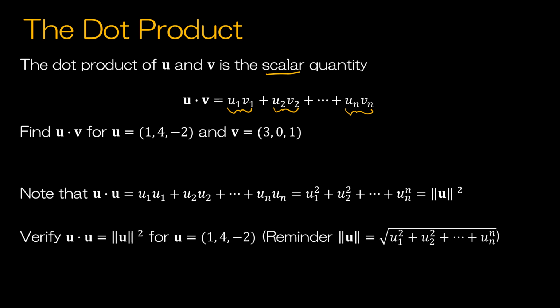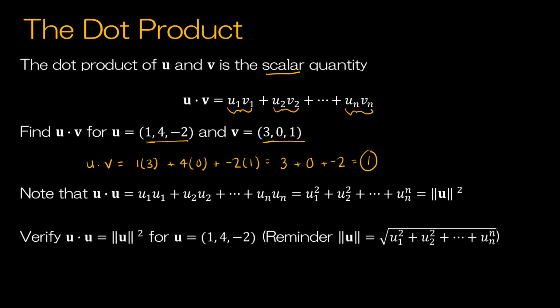So for instance, if I wanted to find the dot product for u dot v for this u value and this v value, u dot v is 1 times 3 plus 4 times 0 plus negative 2 times 1. So 1 times 3 is 3, 4 times 0 is 0, negative 2 times 1 is negative 2, so I get a value of 1.